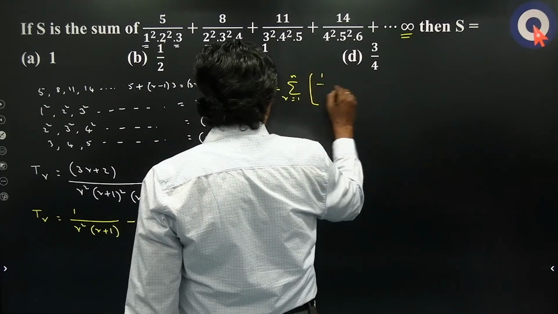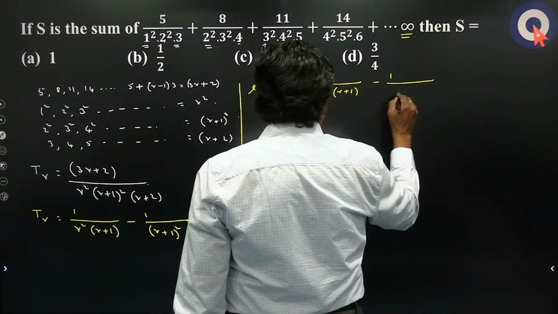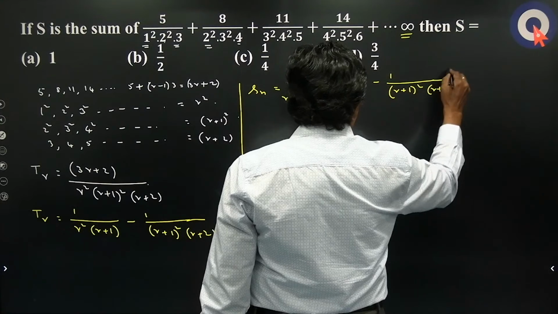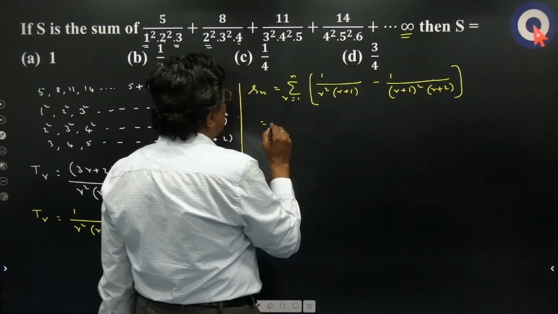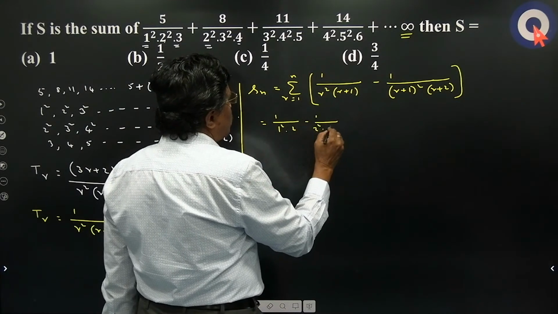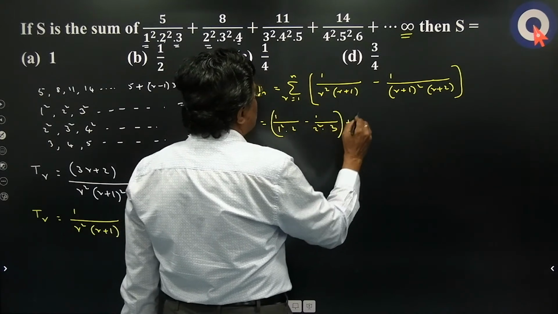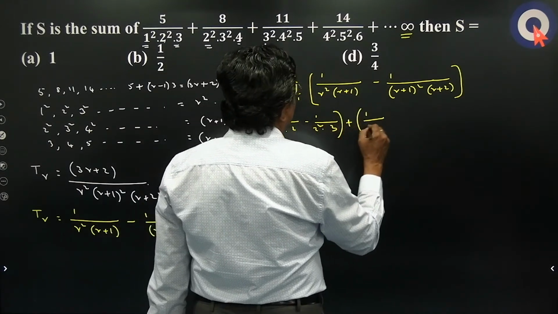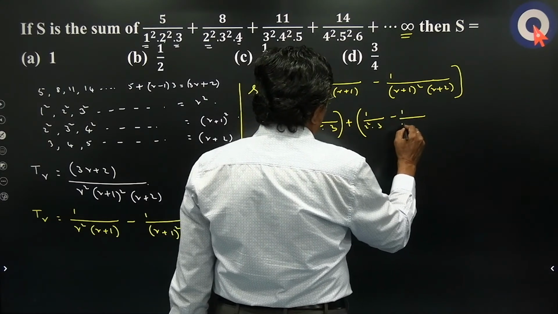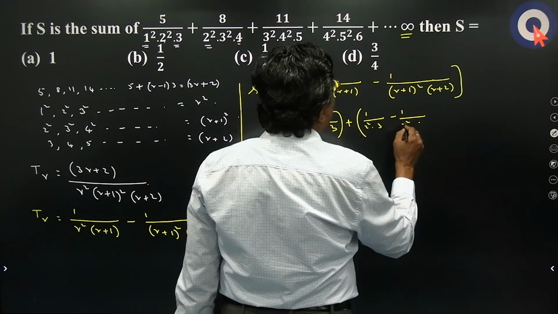So 1 by r square into r plus 1 minus 1 by r plus 1 whole square into r plus 2. So this is 1 by 1 square into 2 minus 1 by 2 square into 3, plus 1 by 2 square into 3 minus 1 by 3 square into 4 for r is equal to 2.